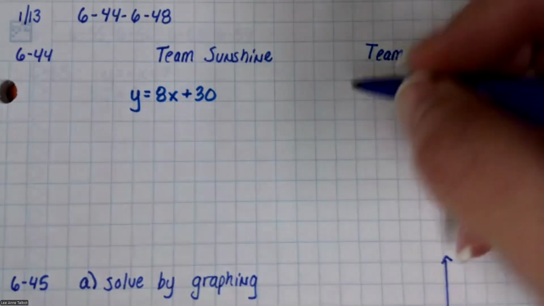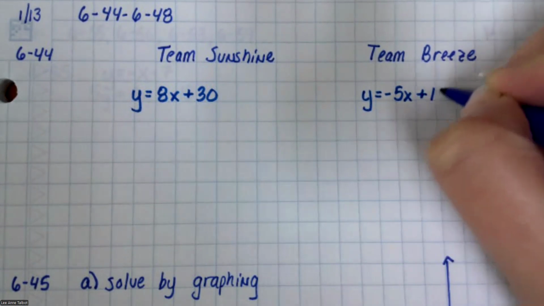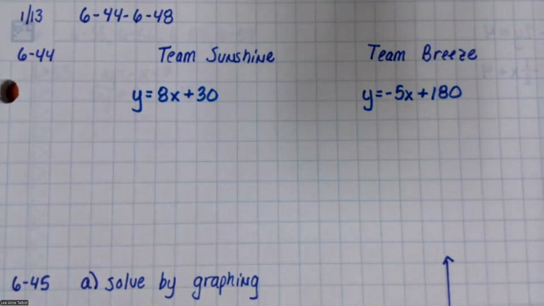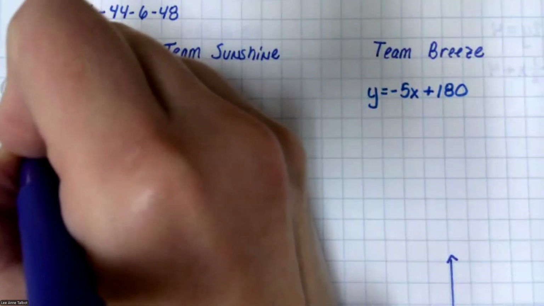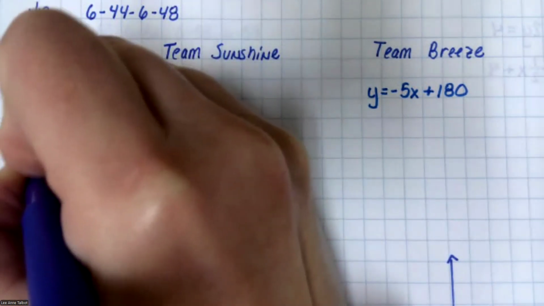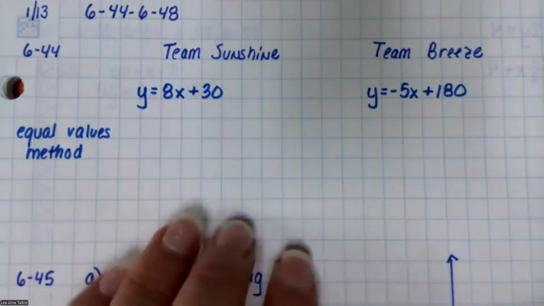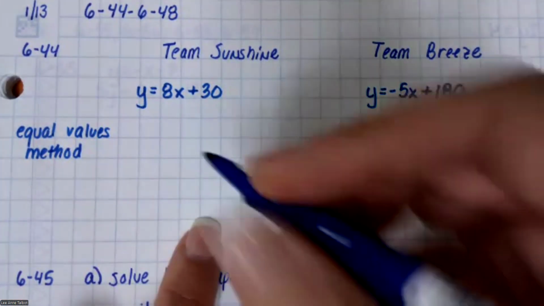Exactly. y equals negative 5x plus 180. Okay, now we have two equations that are equal to y. So we're going to do equal values method. Both equations equal y. That means they can equal each other.